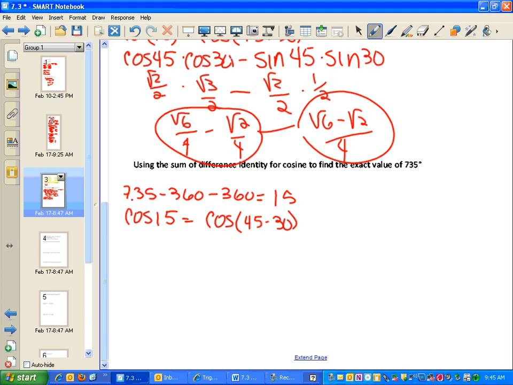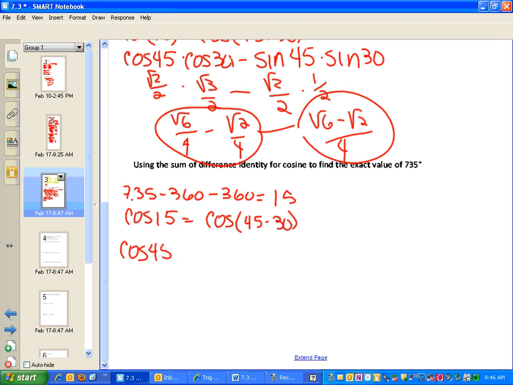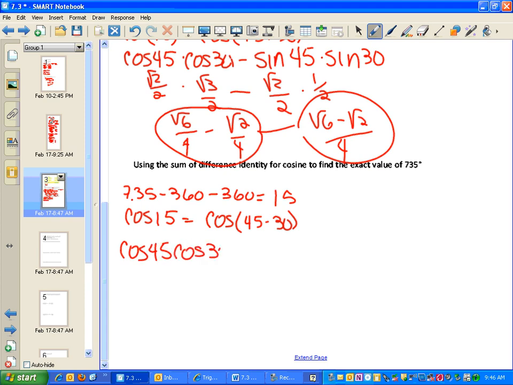So using our identities, the cosine of the difference tells me to do what? Cosine of 45, cosine of 30, plus, because remember cos and cos like each other, they put each other together, and their signs are different. So that's sine of 45, sine of 30.